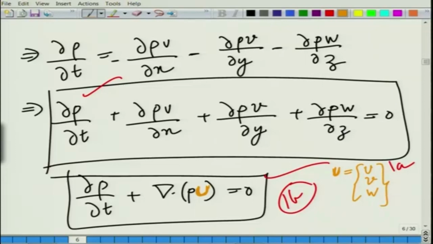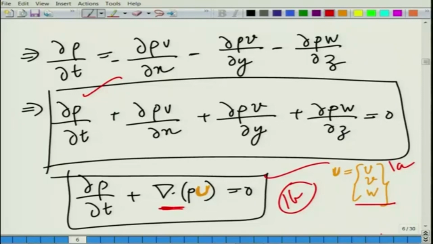You see, this is a divergence operator. So, rho u is a vector, because u is a vector defined like I have done here, and the divergence operator operates upon this vector to get back a scalar. So, basically we are adding two quantities.